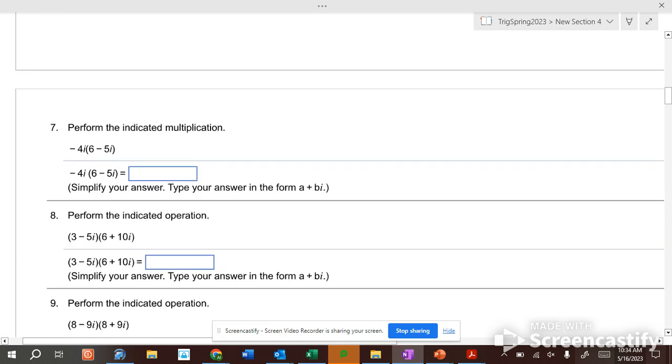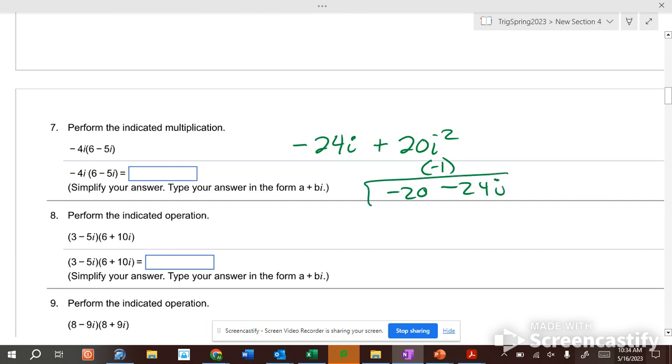If we multiply, what's negative 4i times 6? Negative 24i. And what's negative 4i times negative 5i? Positive 20i squared. What is i squared equal to? Negative 1. So it's negative 20 minus 24i written as a complex number.